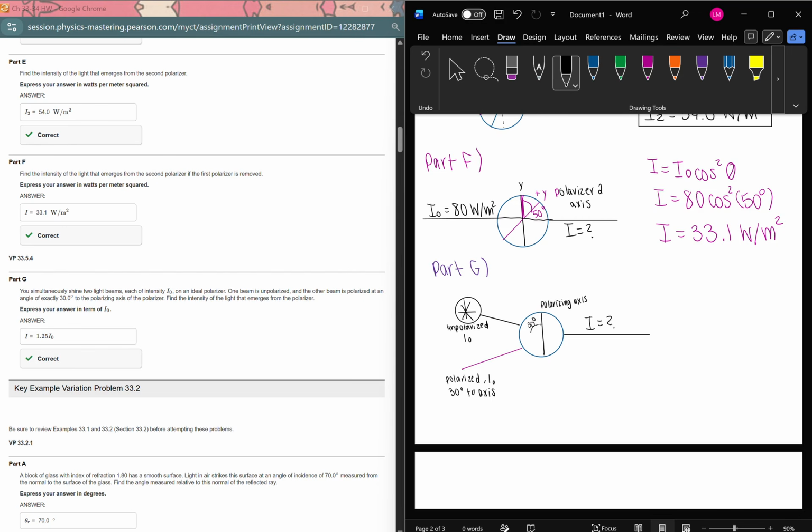For an ideal polarizer, beam 1, which is unpolarized, transmits 1/2 of the intensity of the unpolarized light.